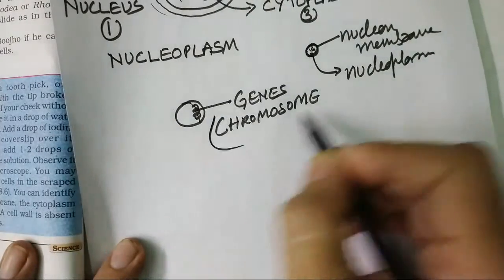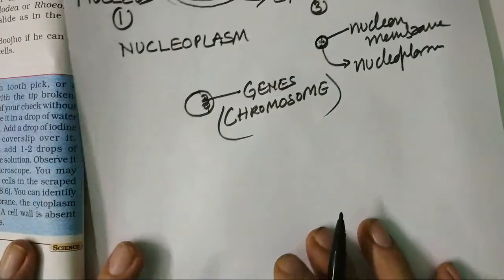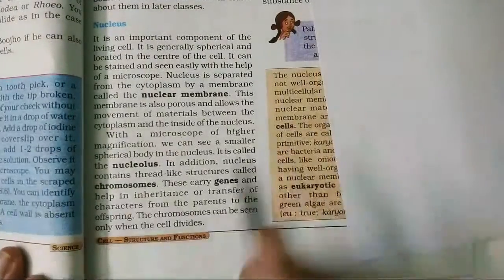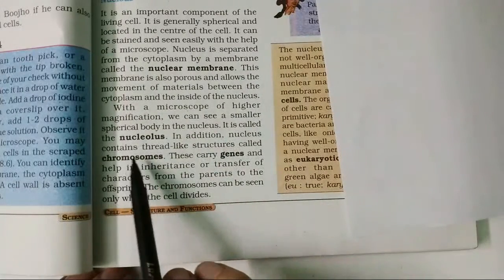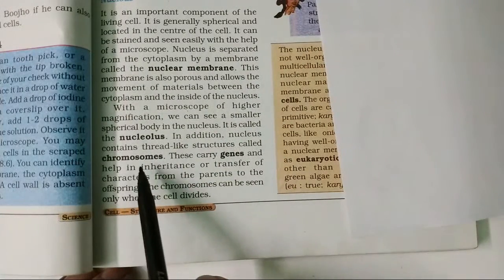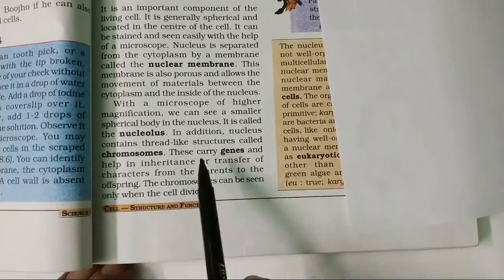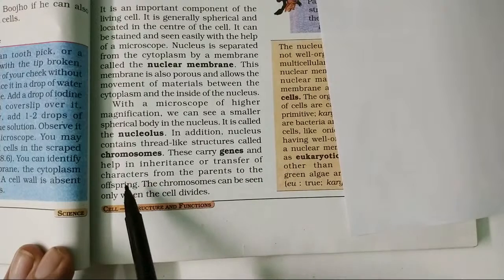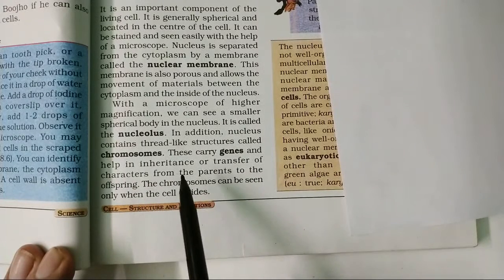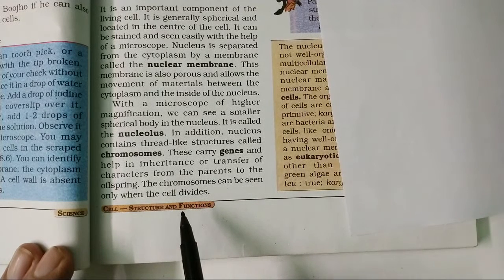The word chromosome maybe you have heard. Chromosomes are thread-like structures. In addition, nucleus contains thread-like structures called chromosomes. These chromosomes carry genes and help in inheritance or transfer of characters. Transfer of character means it helps in transferring of hereditary qualities from parent to the child.